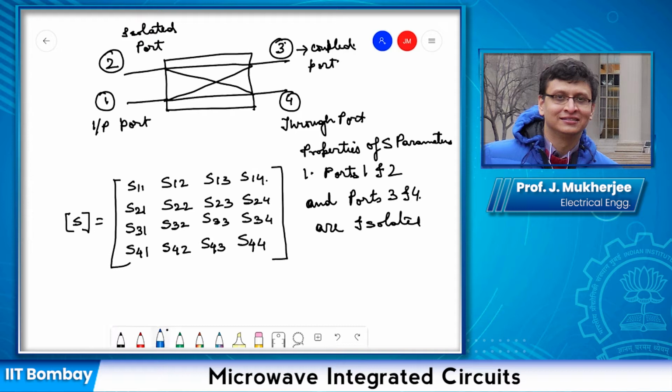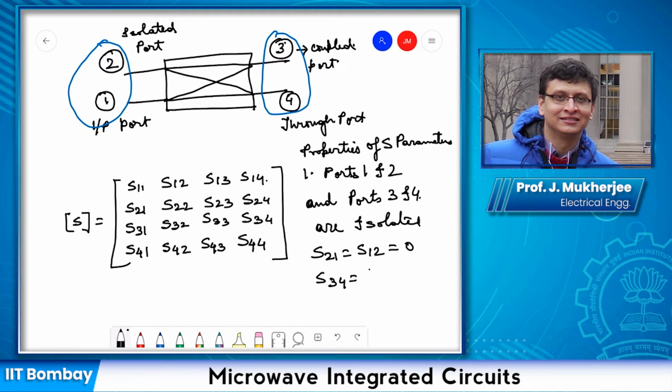So this is port 3 and 4, and this is port 1 and 2. They are isolated. If they are isolated, what does it mean? It means S21 is equal to S12 is equal to 0, and S34 equal to S43 equal to 0.